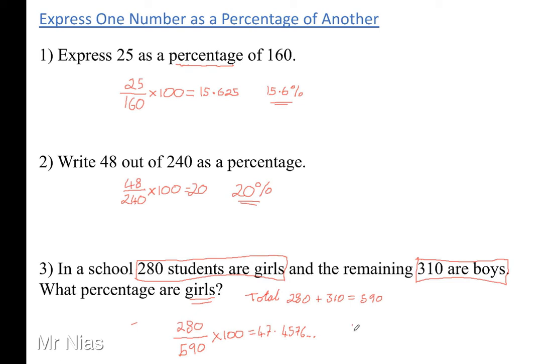So to one decimal place we have 47 point, and obviously this 5 means I need to round up my 4 to a 5. So 47.5%. I hope that makes some sense.